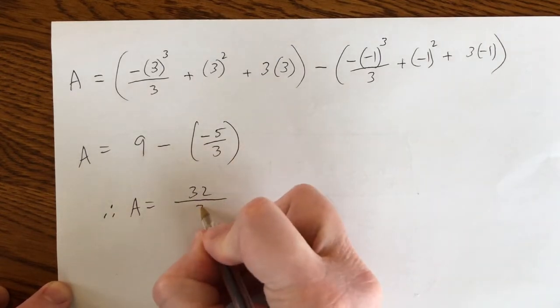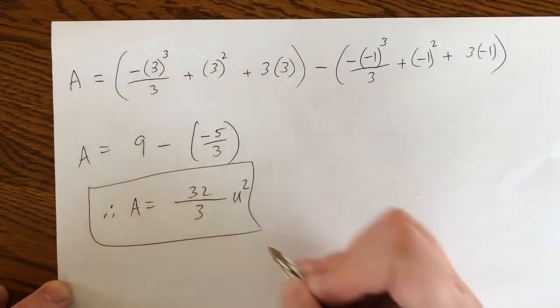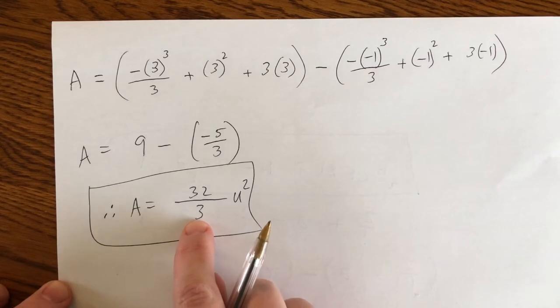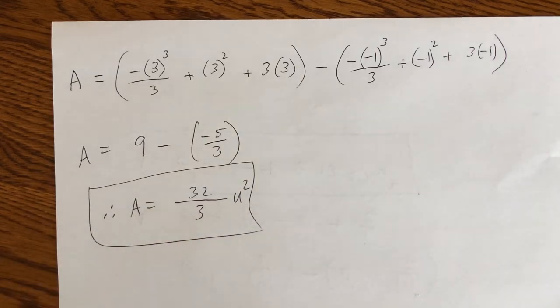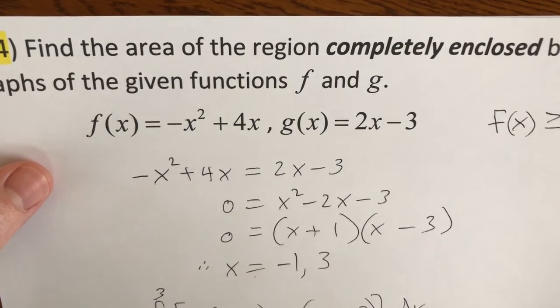Again, please express your answer in fractional form unless you're told otherwise. So what does this represent? This represents the area of the region that's completely enclosed, all right, by the graphs of f of x equaling negative x squared plus 4 and g of x equaling 2x minus 3.